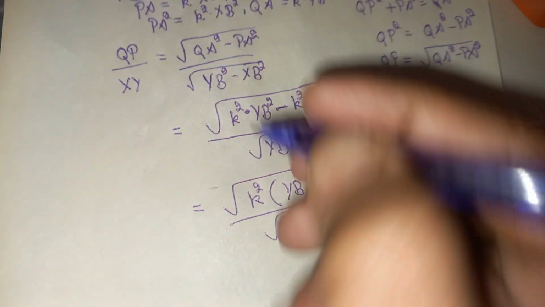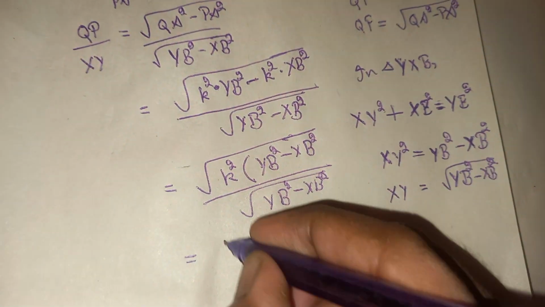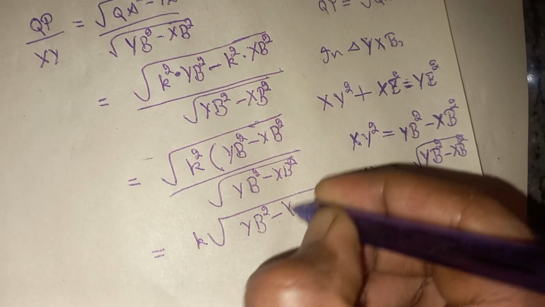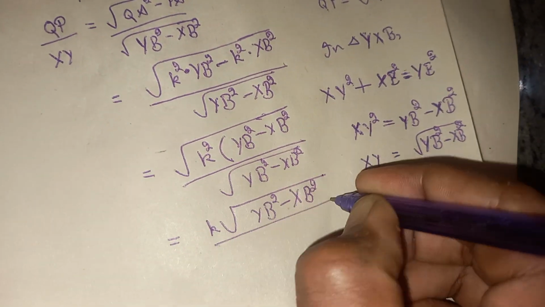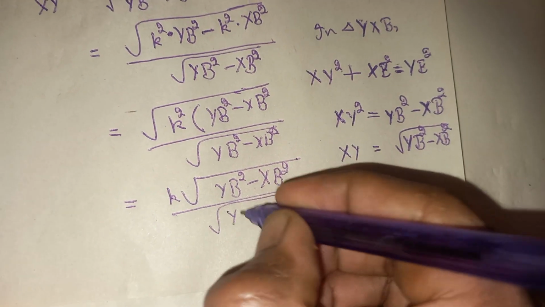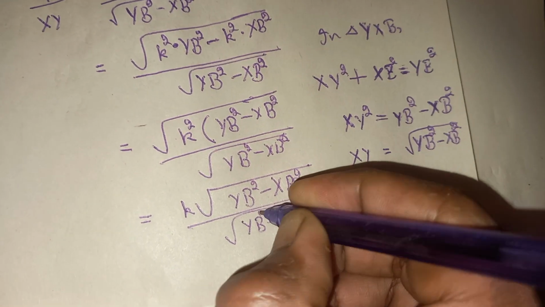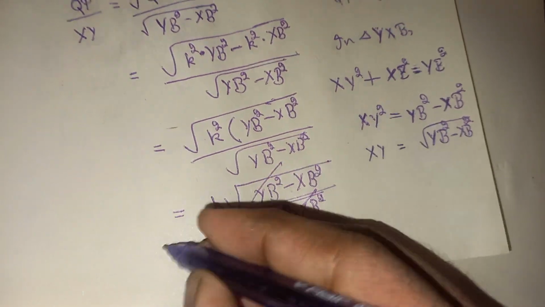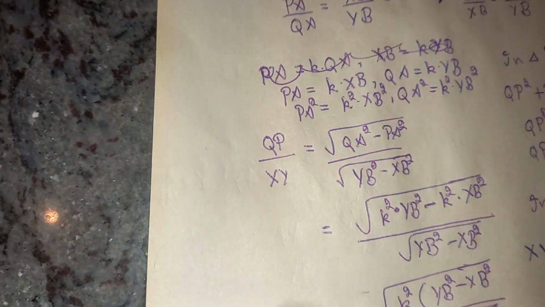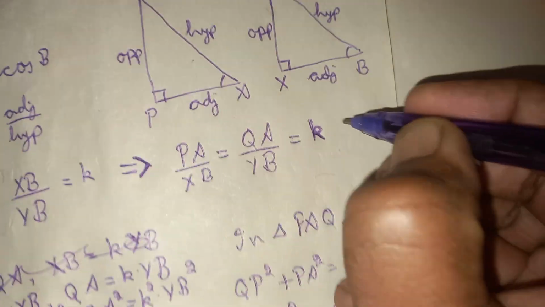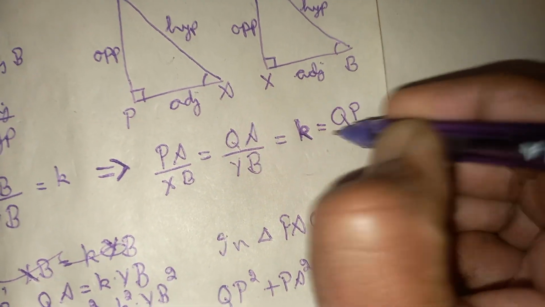The K square comes out, and root and square cancel to become K. Root of YB square minus XB square cancels completely, so it becomes equal to K, that is QP by XY. So QP by XY is also equal to K.